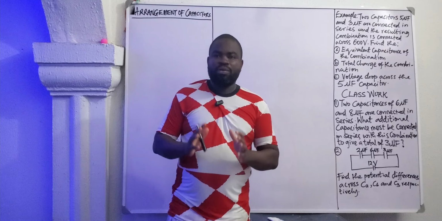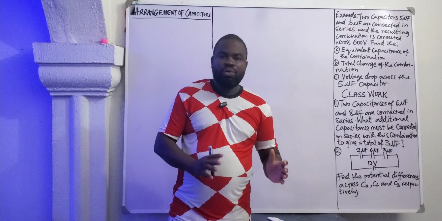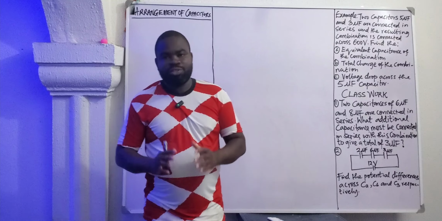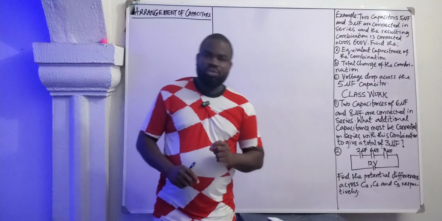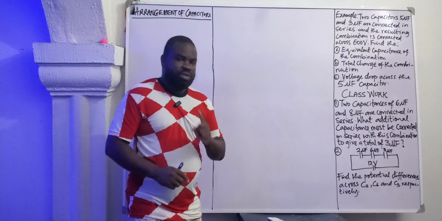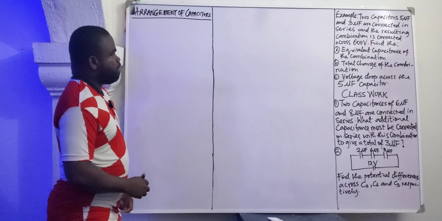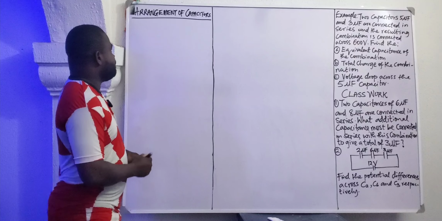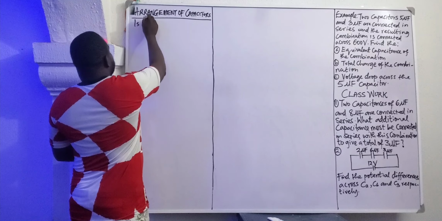Either we have them arranged in series, or we have them arranged in parallel. For this class, we will discuss just series connection, while in the next class, we'll talk about parallel connection of capacitor.